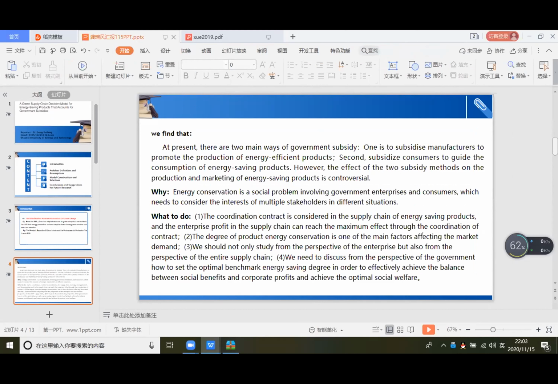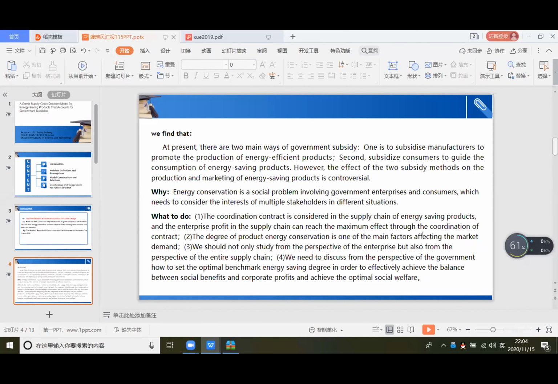For this, we found that at present, there are two main ways of government subsidies. Due to a lack of funds, producers find it difficult to fund research and development that leads to green innovation to produce more environmentally friendly products.